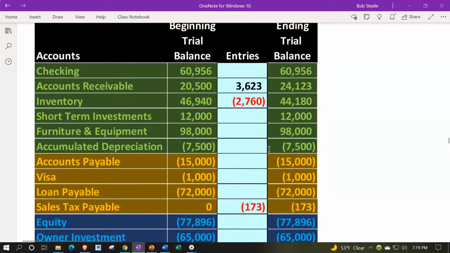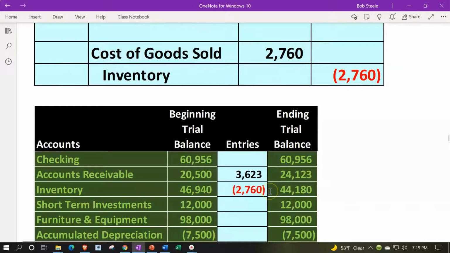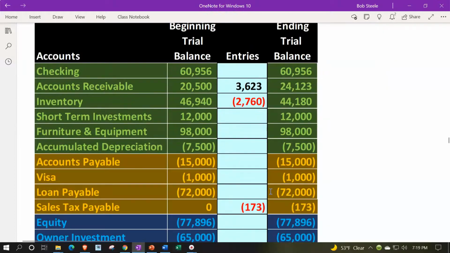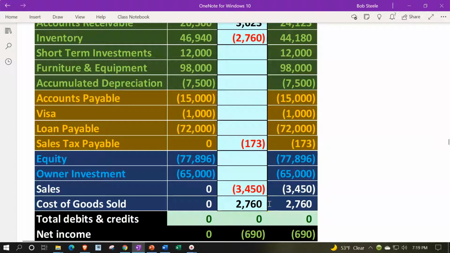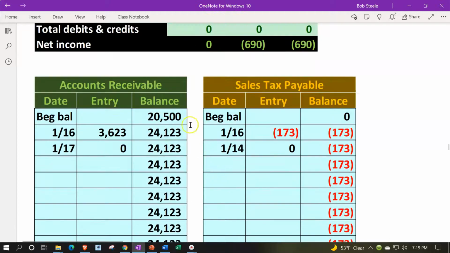And then we also have the inventory here going down, 46,940 down by the 2,760 to the 44,180, and cost of goods sold going up by the 2,760. The impact on net income is the difference between the sales and the cost of goods sold, being the 690 in this case. If we look at the general ledger, the accounts receivable was at 20,500, went up by 3,623 to 24,123.